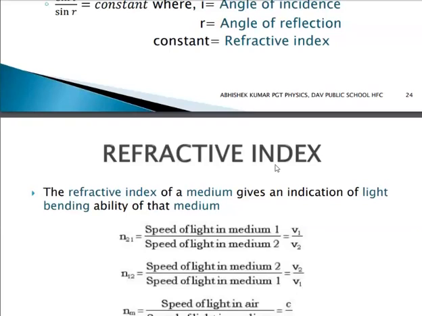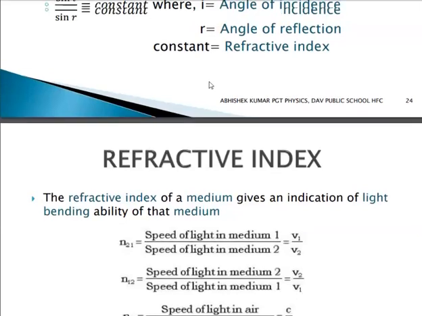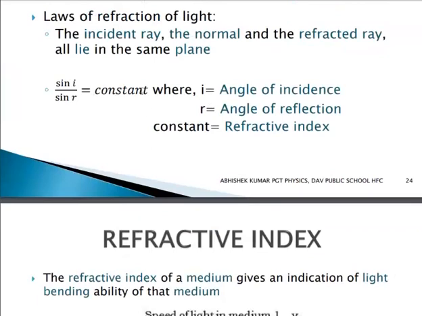Mathematically, this ability of a medium to bend the ray of light is measured in two different ways. The first one is in terms of the speed of light. So far you have already learned that when light passes from one medium to another medium, the speed of light changes. So if you measure the ratio of the speed of light, this ratio will give you a constant, and that constant is placed here.